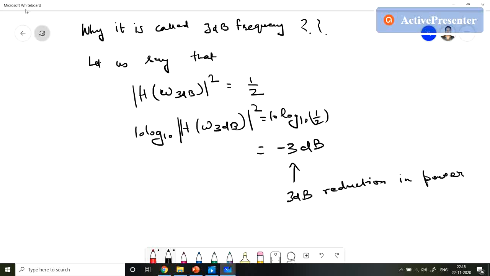In decibels we get a 3 dB reduction in power. That's why it is known as the 3 dB frequency.